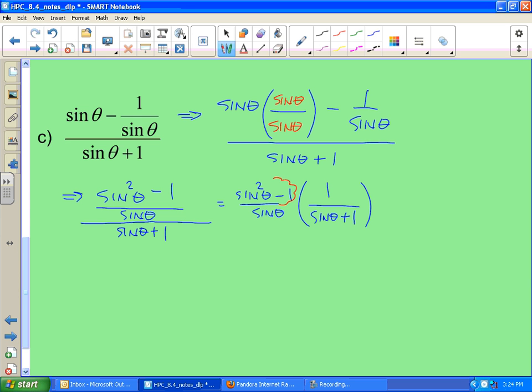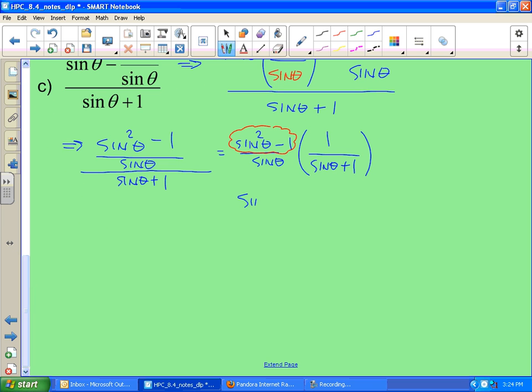Got some difference of squares going on right there, which means we can factor that. That becomes sine theta plus 1 times sine theta minus 1, all over sine theta, and then still multiplied by 1 over sine theta plus 1. And here again, we have some common factors in the numerator and denominator that get to cancel each other out. Then what do we end up with?